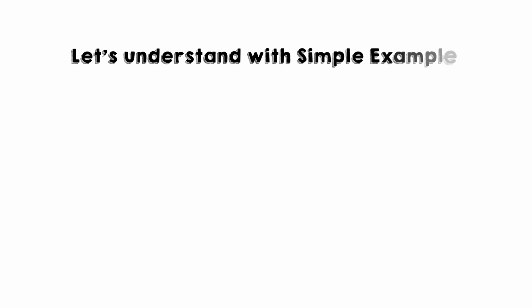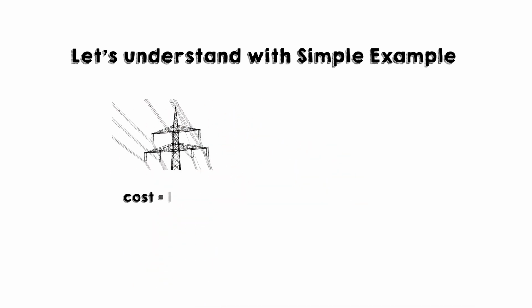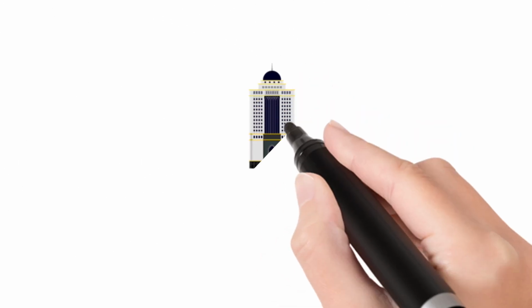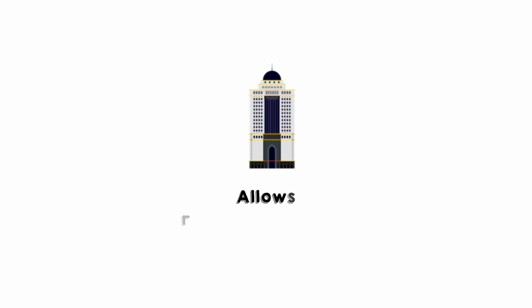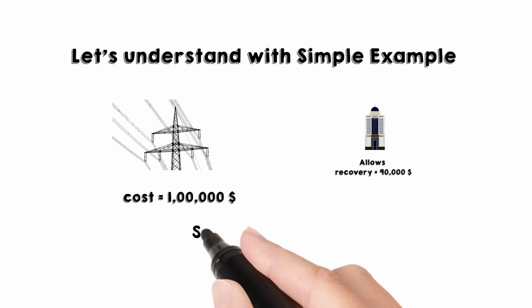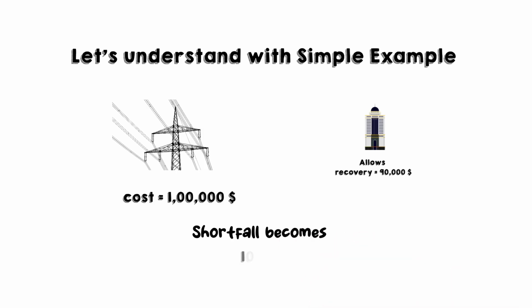Let's understand with a simple example. Suppose an electricity company. Cost equals $100,000. The regulatory authority allows recovery equals $90,000. Shortfall becomes $10,000.